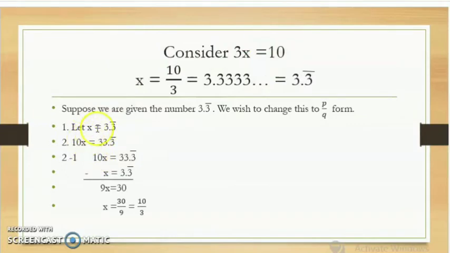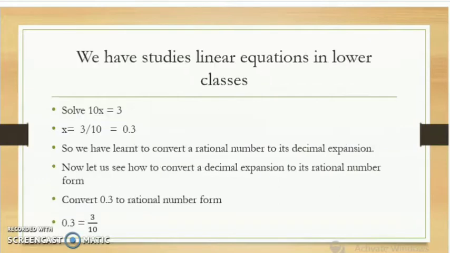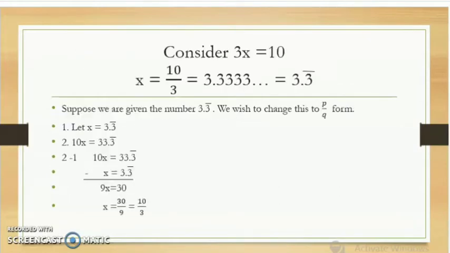Okay, so let us suppose x is 3.333. I think I forgot to mention one important point. We saw that the decimal expansion of certain rational numbers keeps on repeating.